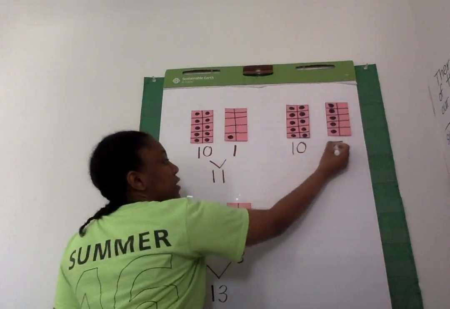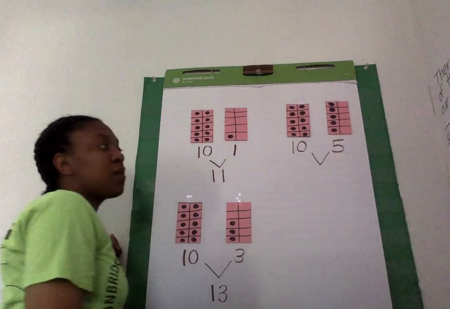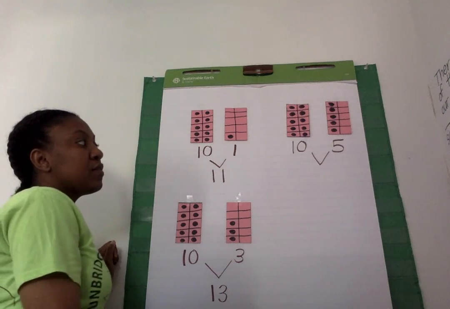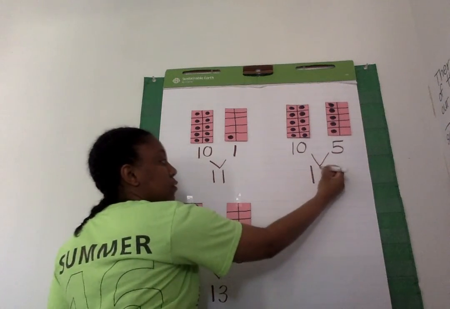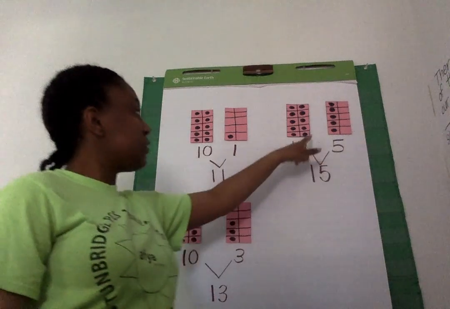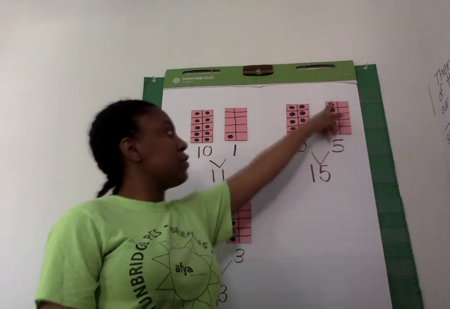So we put 5 right here. When you put it together, what do you think it's going to be? The answer is 15. Because if you count up, you get 11, 12, 13, 14, 15.